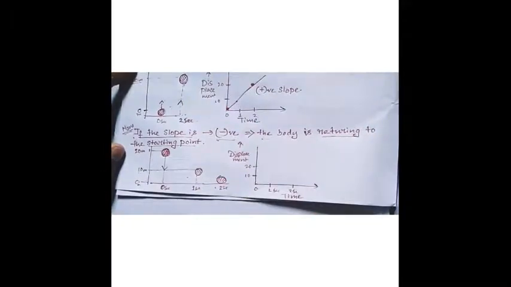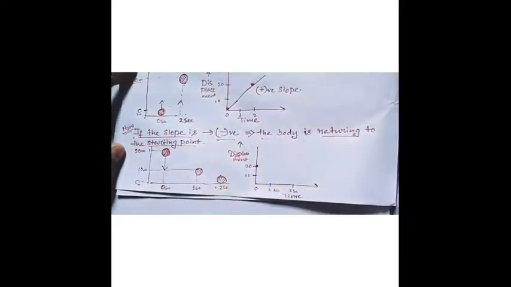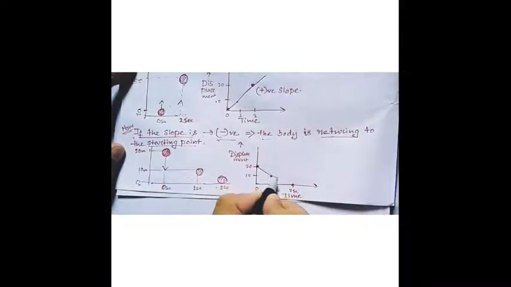Now look, when the time is 0, the displacement is 20. So this is the 20 meter point, and when the time is 1 second, the height is 10 meters, and when the time is 2 seconds, the displacement is 0.